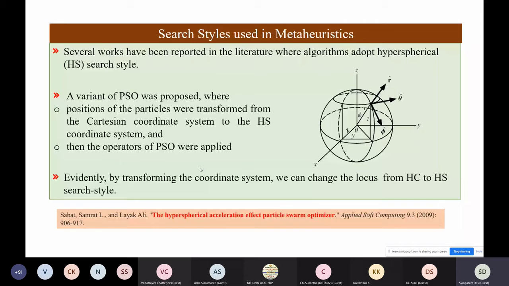In 2009, more than 12 years ago, Sabat and Flack-Ali proposed a hyperspherical operator for the PSO, and it was published in the Applied Soft Computing Journal. They took up a variant of PSO where the positions of the particles were transformed from the Cartesian coordinate system to the hyperspherical coordinate system, which is essentially the polar coordinate system.